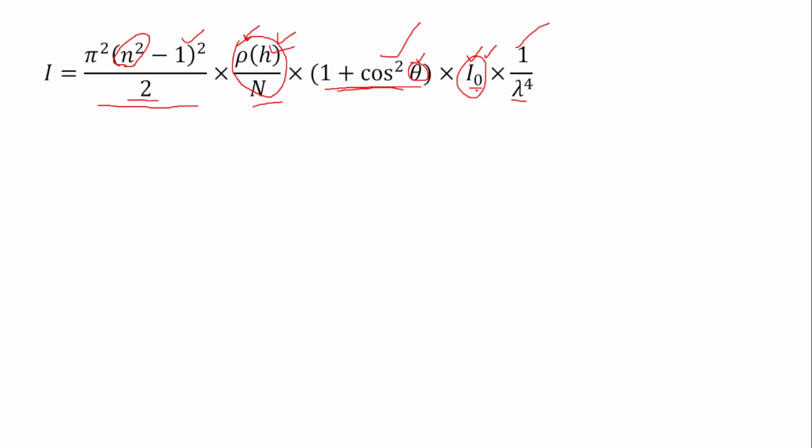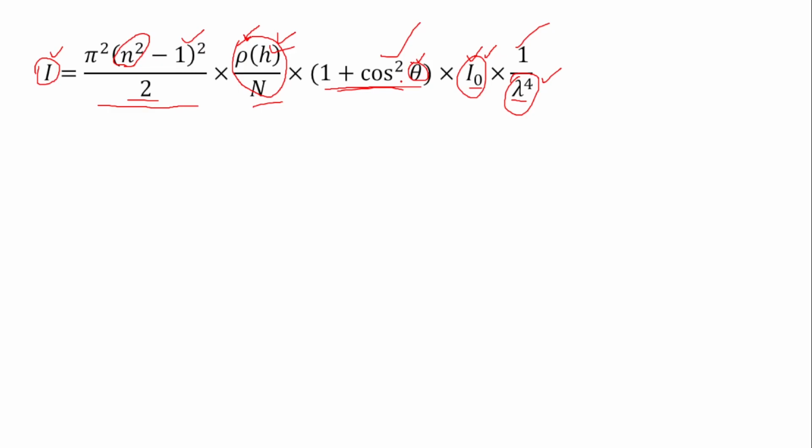And then we come here to the wavelength. So the wavelengths, we saw from the spectrum that the wavelength of different colors is different, and it is minimum for the violet color. And this I is in fact the intensity of scattered light. So this formula gives us the scattering of a particular wavelength, and this is called Rayleigh scattering.